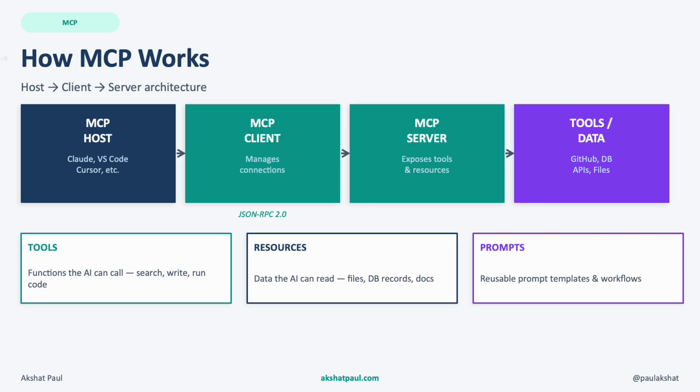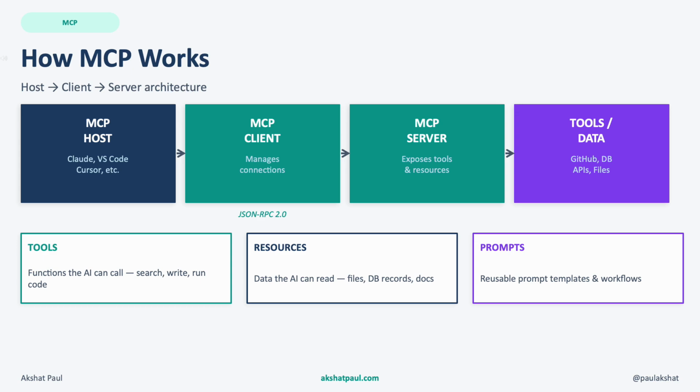So how does MCP actually work? Let me walk you through the architecture. MCP has three main components, and once you understand these, everything clicks. First, the MCP host. This is the AI application, something like Claude Desktop, VS Code with Copilot, or Cursor. The host is where the user is actually working. Inside the host lives the MCP client. This is the piece of code that manages connections to MCP servers.